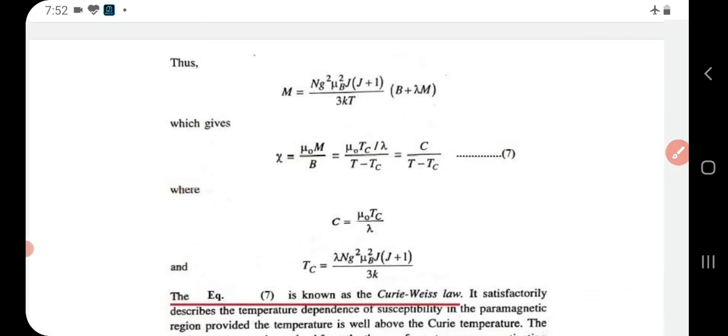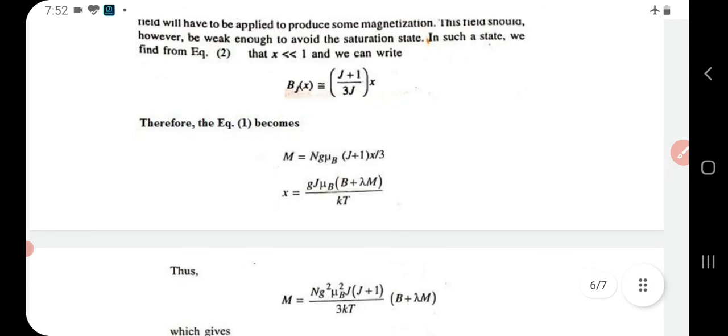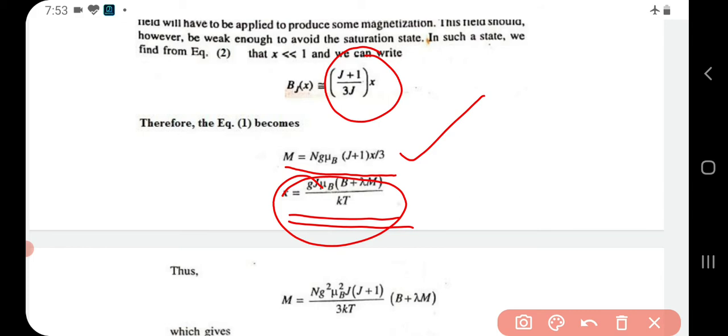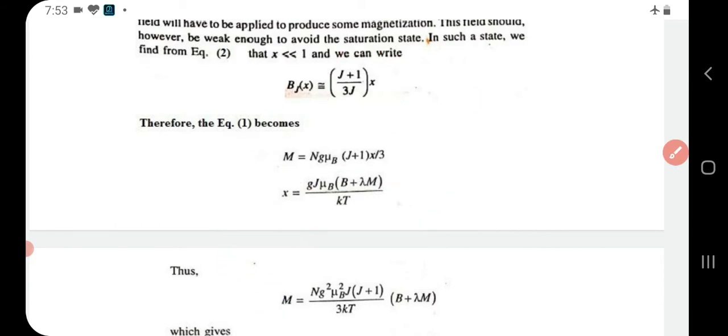Thus M is equal to this, the value that you obtain by substituting the value of BJ(x) in equation 1. You have already written an expression for x in the beginning, and that expression is written here. Now you just substitute this value of x here, then you will get this value of M. That is the way you have to think.